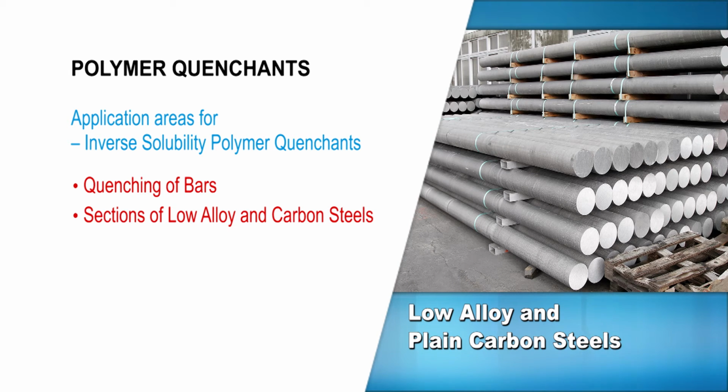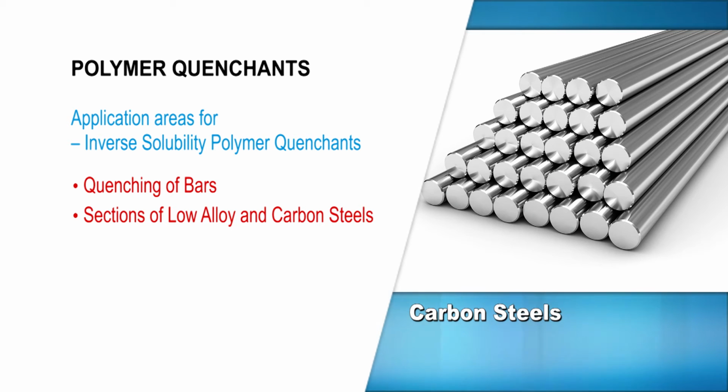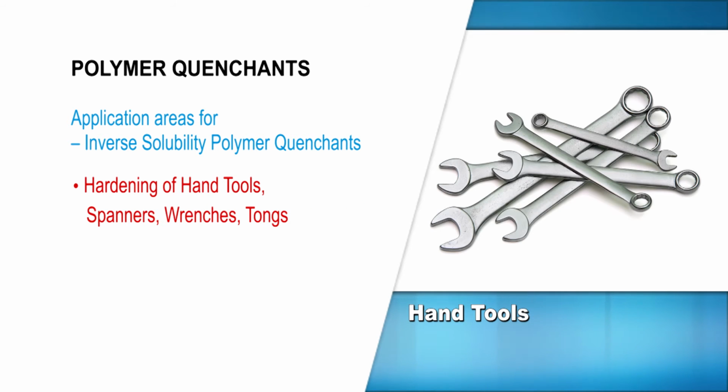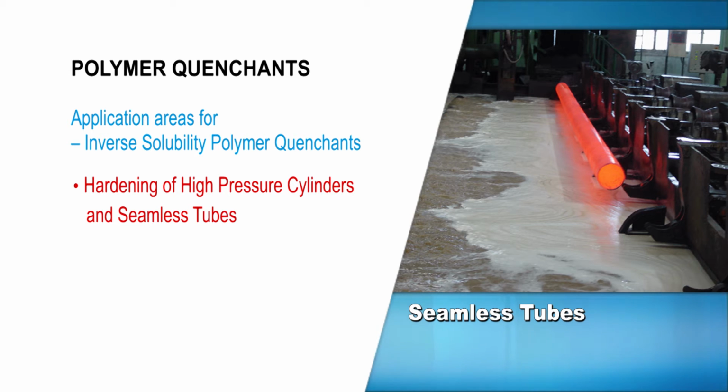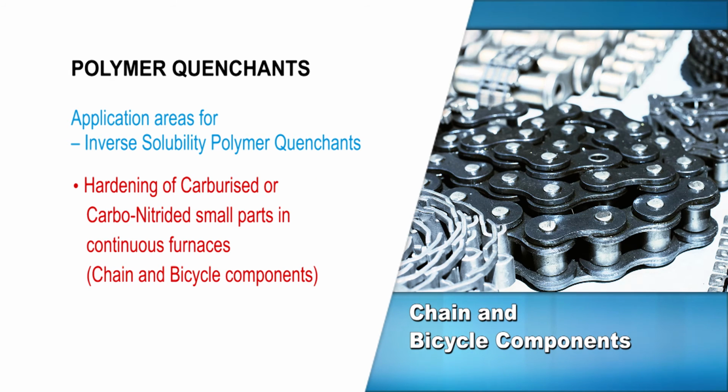Quenching of bars, sections of low alloy and carbon steels. Hardening of hand tools, spanners, wrenches, tongs. Hardening of high-pressure cylinders and seamless tubes. Hardening of carburized or carbonitrided small parts in continuous furnaces, chain and bicycle components.